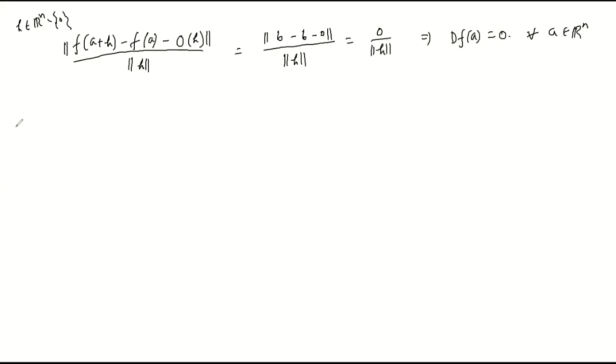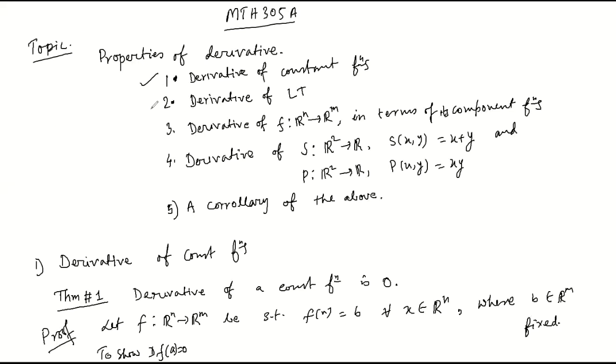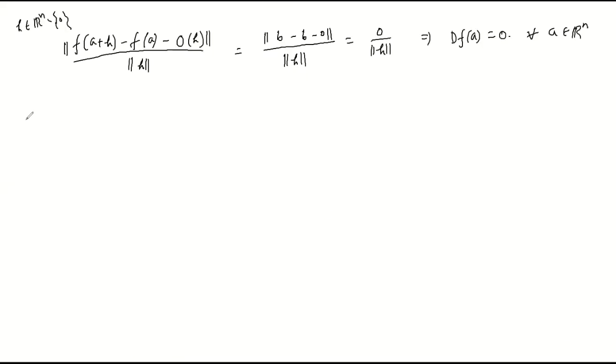Now we go to the second item, derivative of a linear transformation. Suppose T is from Rn to Rm.